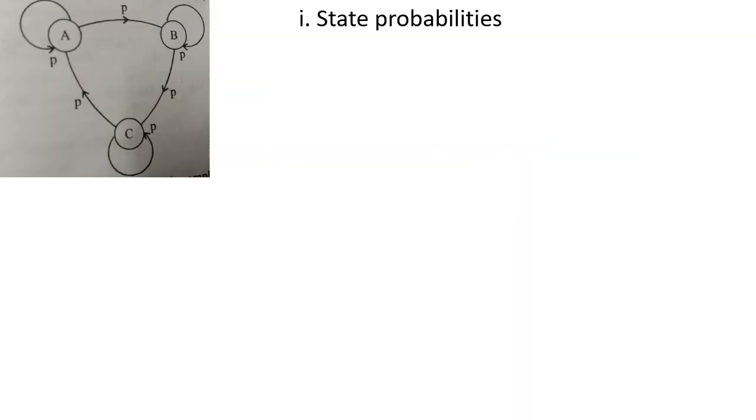To find the state probabilities, we need to write the state equations. So what do the state equations mean here? Given the state diagram, we consider each state as the node and add all the probabilities entering this particular node.